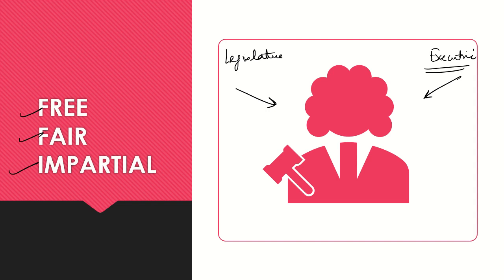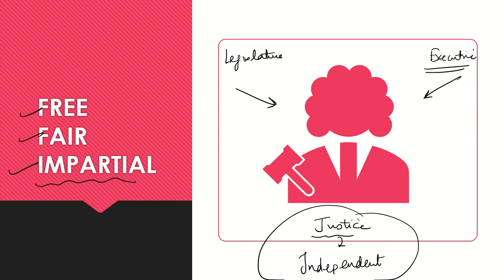What happens is that it is not possible for the judiciary or the judge to be impartial, which is why we say that for justice to be delivered or for justice to be met, the judiciary should be independent. All right. So I hope you understand what the meaning of independence is. Independence means that it is independent of any pressures from the other pillars, so that it is possible for it to impart free, fair, and impartial justice.